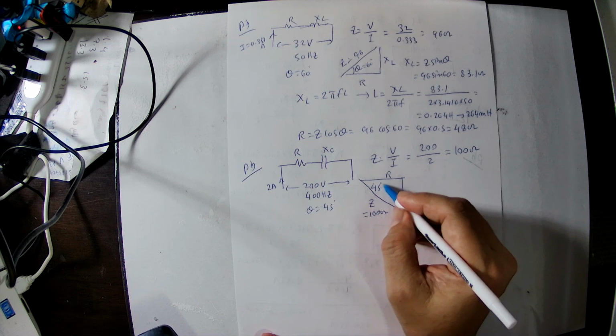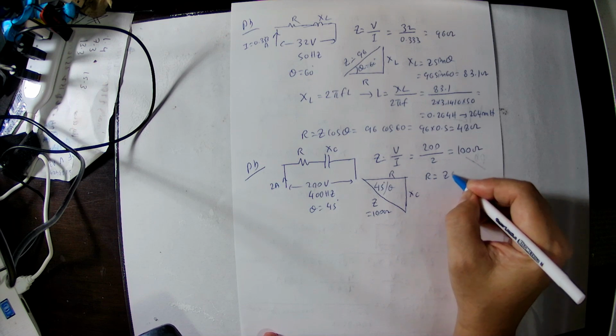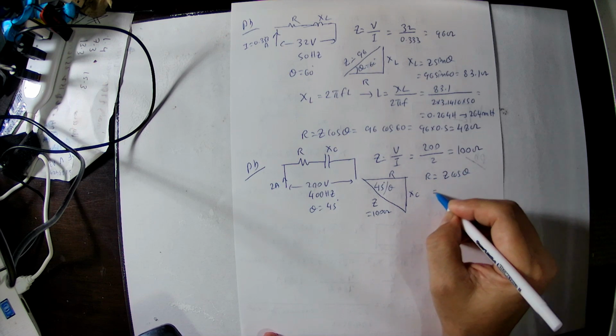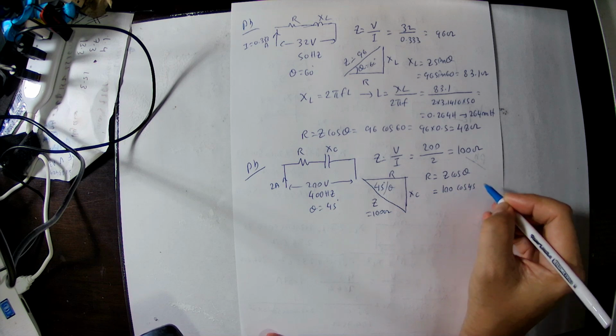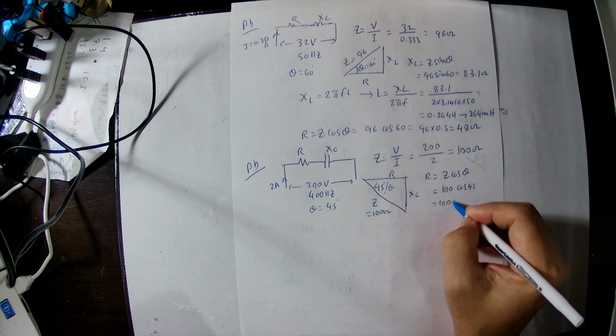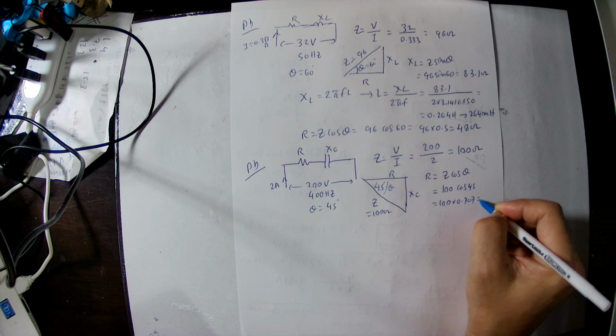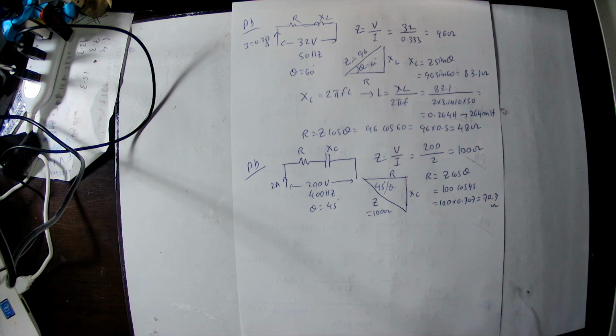So this is the angle theta here. R equals Z cos theta. So impedance Z is 100, cos 45. 100 multiplied by 0.707 equals 70.7 ohm. So the resistance value is 70.7 ohm.